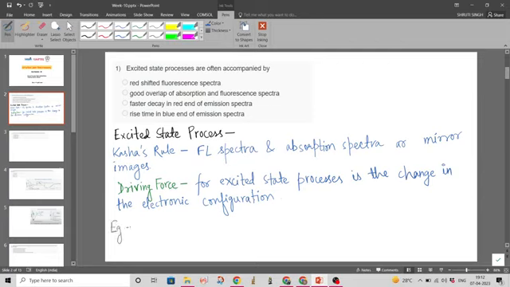If I name some processes, it is excited state proton transfer, it may be intermolecular or intramolecular, photoacidity, photoisomerization, twisting in the excited state, and all these happen from the excited state.